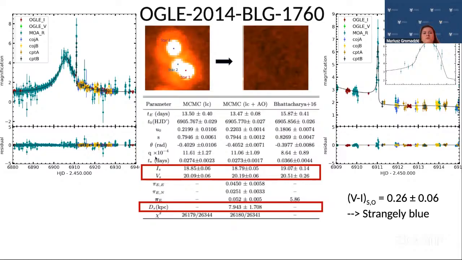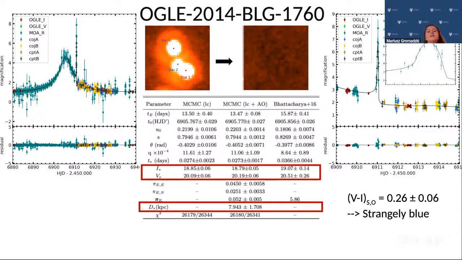Our observations were perfect. We really derived a very, very good separation and flux. This is because of the source. Actually, in this event, I've been really struggling to define the nature of the source star, and this is because the V-I color seems to be strangely blue.